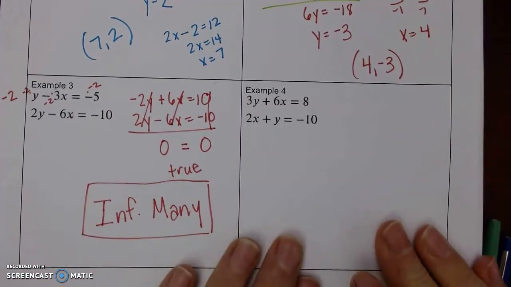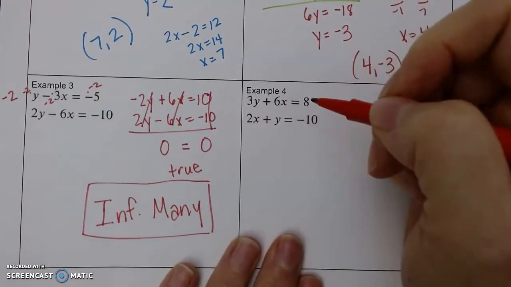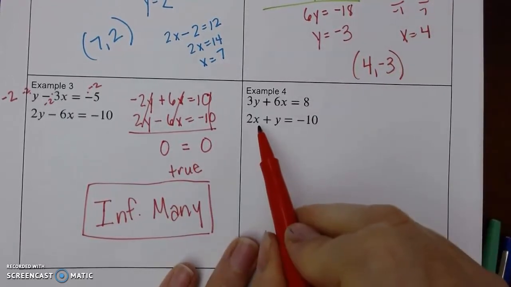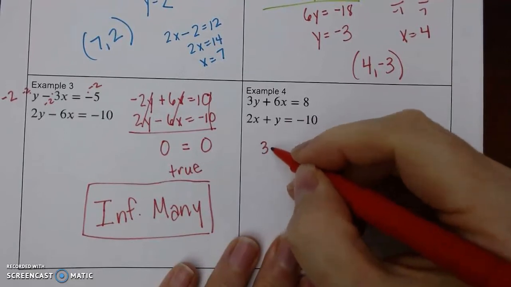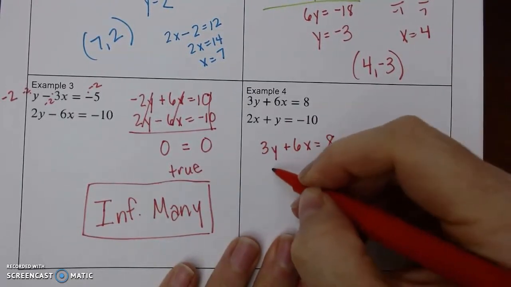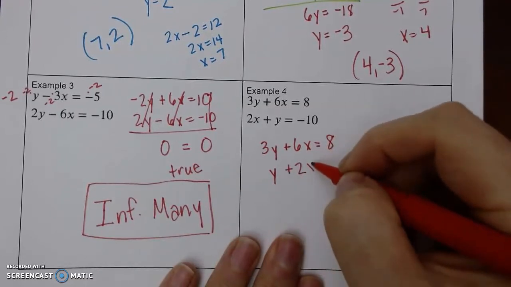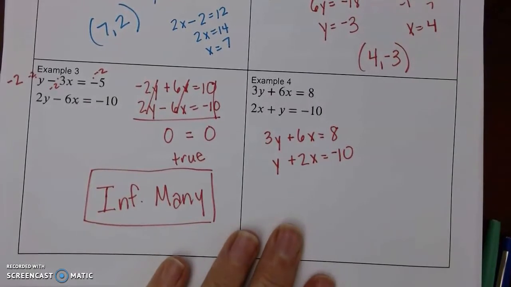If that was false, we would say no solution. Let's look at our last example. I've got 2, 3. Let's notice these are not lined up, so I'm going to line them up. We get to pick. I'll just go ahead and pick y.